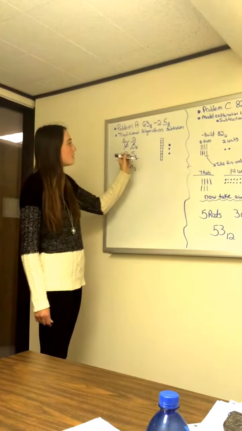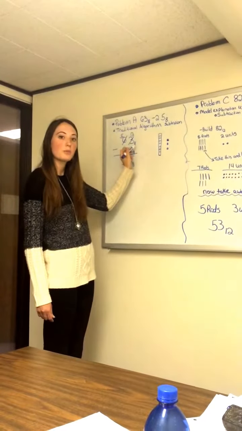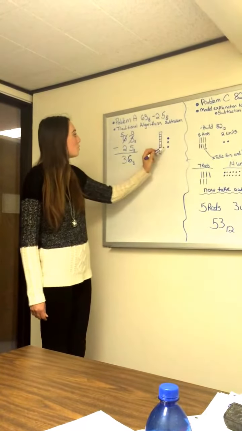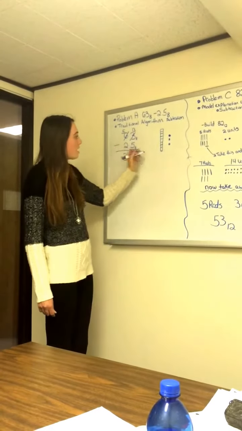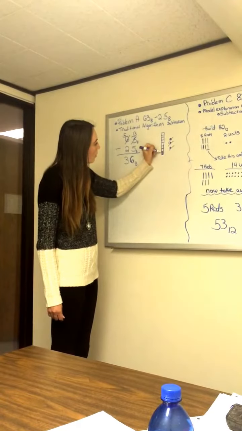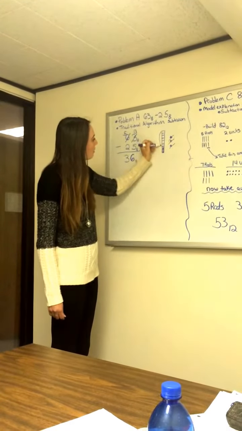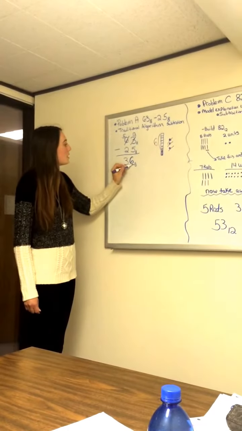So over here, for example, we have a rod which contains 8 for our base and 3 remainder units, and we'll take away 5. So we're going to take 1, 2, 3, 4, 5. And what we're left with is 6. And that is the number we get right here.